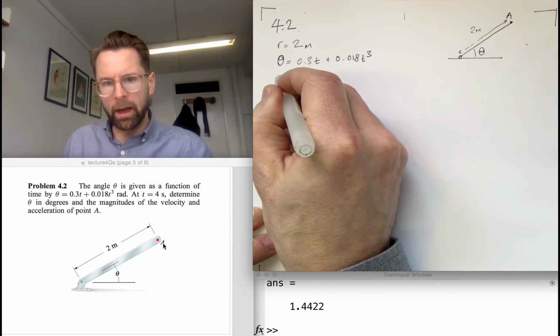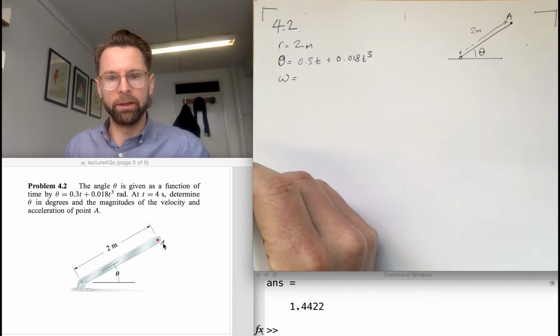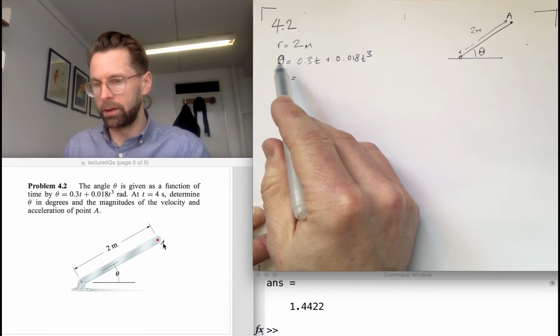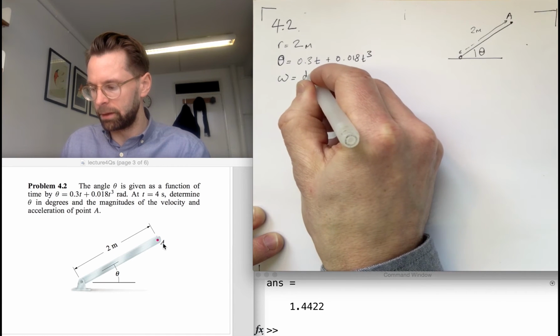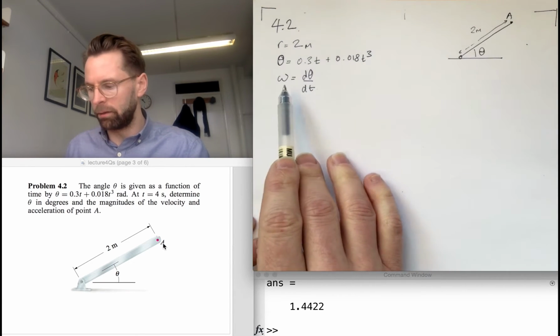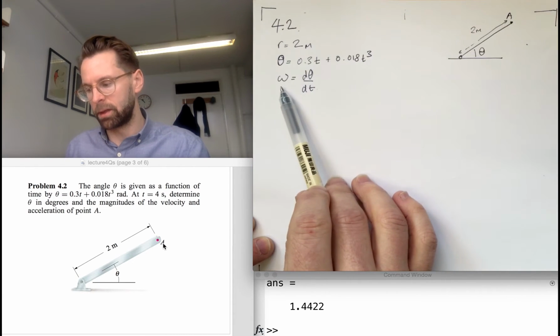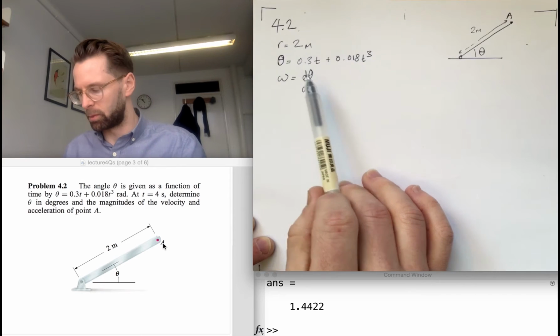Well, the angular velocity, and omega is our symbol for that, is the time rate of change of angular displacement. So it's d theta dt. So in the same way that linear velocity is the time rate of change of displacement, angular velocity is the time rate of change of angular displacement.